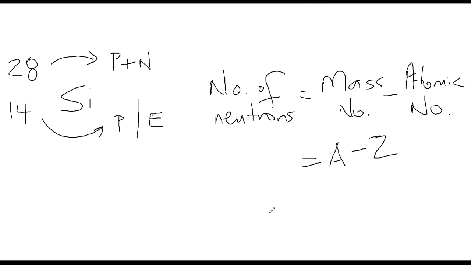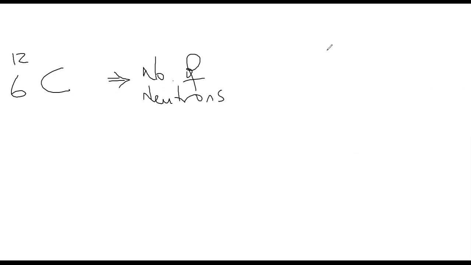So I'm just going to clear this. So carbon is 12, 6. C is for carbon, 12 is the mass number. You want to find the number of neutrons. So the number of neutrons is equal to A minus Z. A is the top number, which is 12, minus the bottom number, which is Z, which is 6. The answer is 6 neutrons.